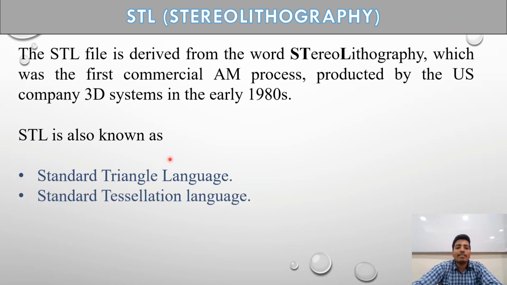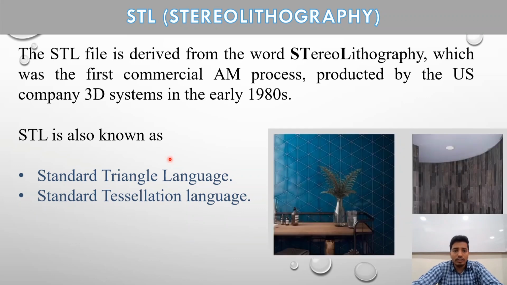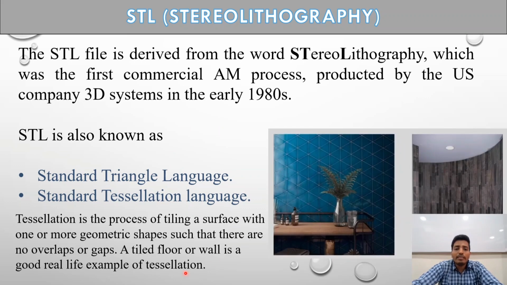It is also called standard tessellation language. Now, what do you mean by tessellation? Tessellation is a process of tiling a surface with one or more geometric shapes such that there are no overlaps or gaps. For example, you can see it here in an image. This is the image of a house or a wall. As you can see, it is divided into smaller triangles. These triangles are not overlapped on each other, and joining them gives the entire surface.